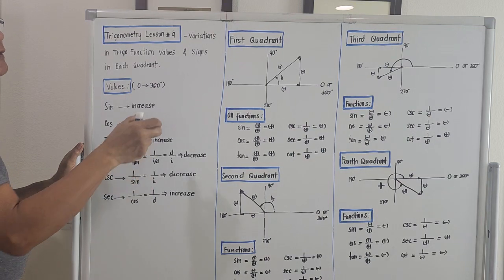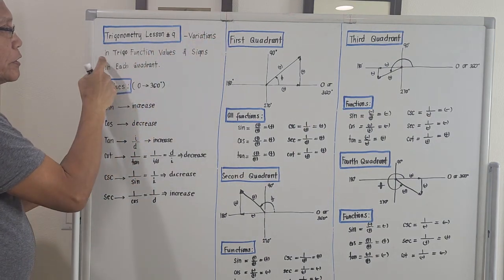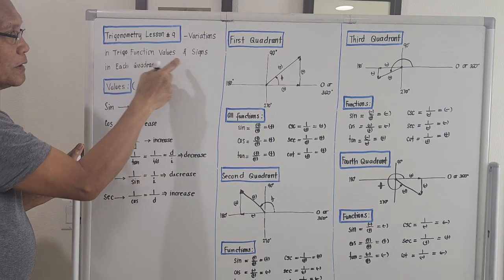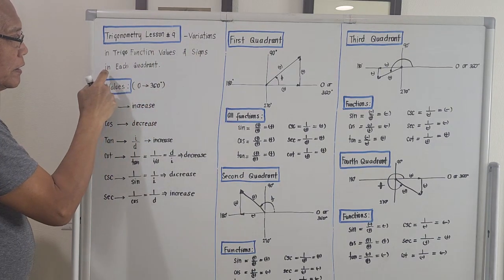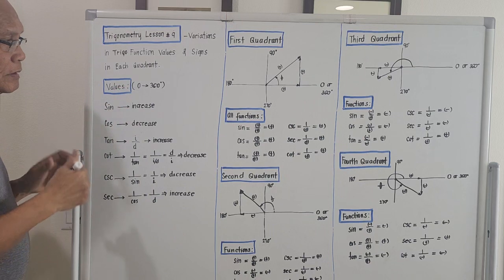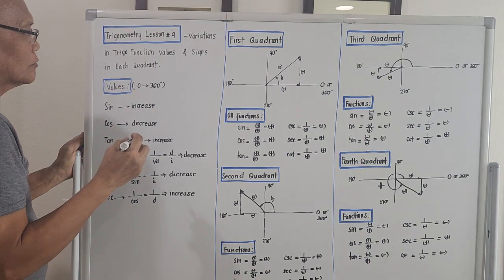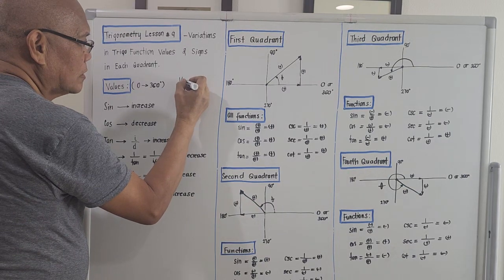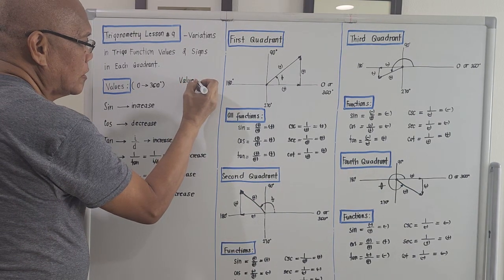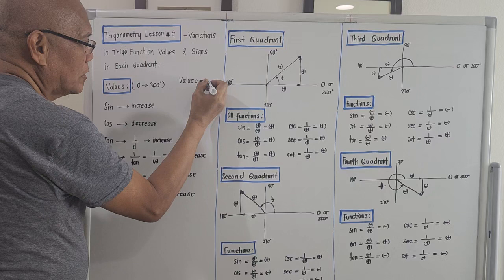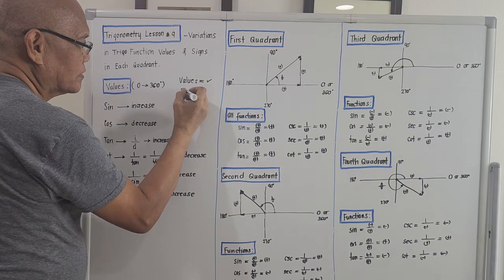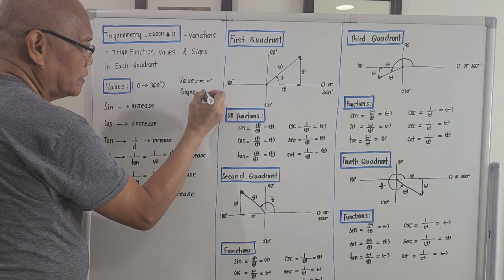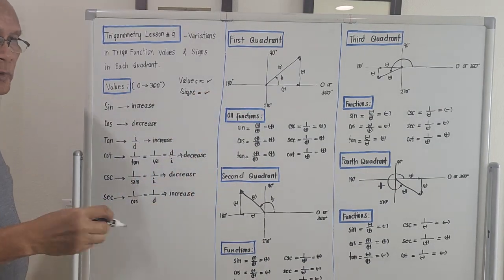The title of the topic will be Variations in Trigo Function Values and Signs in Each Quadrant. So what we will be discussing tonight will be the values and the signs of the different trigonometric functions.